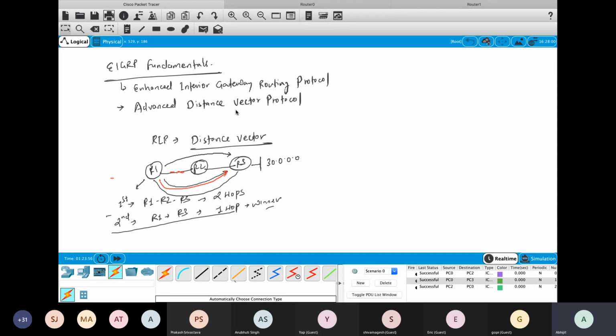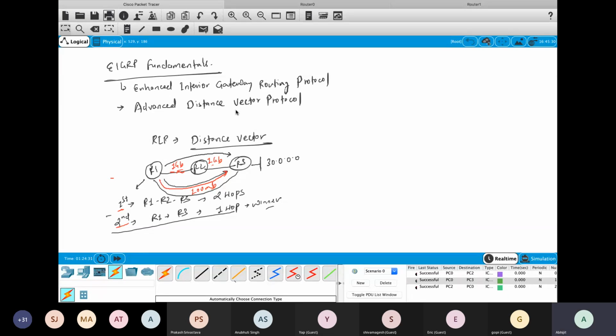But as I told you, let's consider that the links between R1, R2 and R3 are made up of 1 Gbps. This is a 1 Gbps link and this is a 1 Gbps link, and the other link is 100 Mbps. The second link is just one hop that R1 needs to cross to reach the destination. But if we look at the first route, the link is faster, even though it needs to cross two hops.